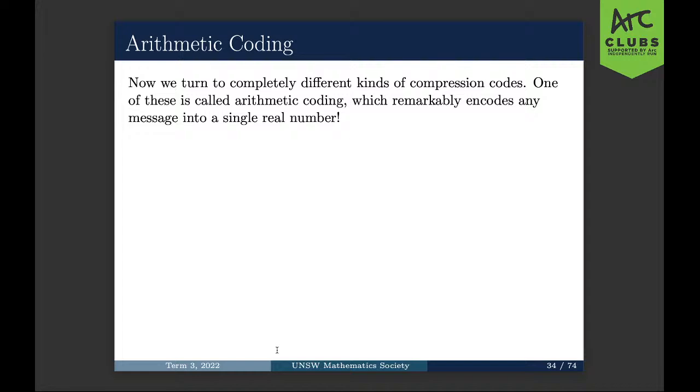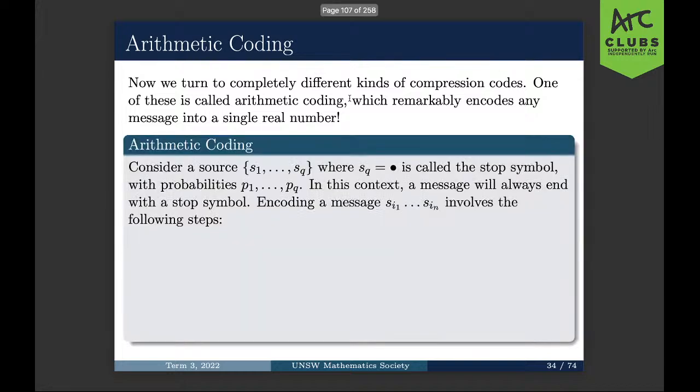Now we're going to talk about something completely different. It's a very, very different flavor of coding called arithmetic coding. And the cool thing about this one is that it actually encodes any message into a single real number. So here's how it goes. I'll just give you some context.